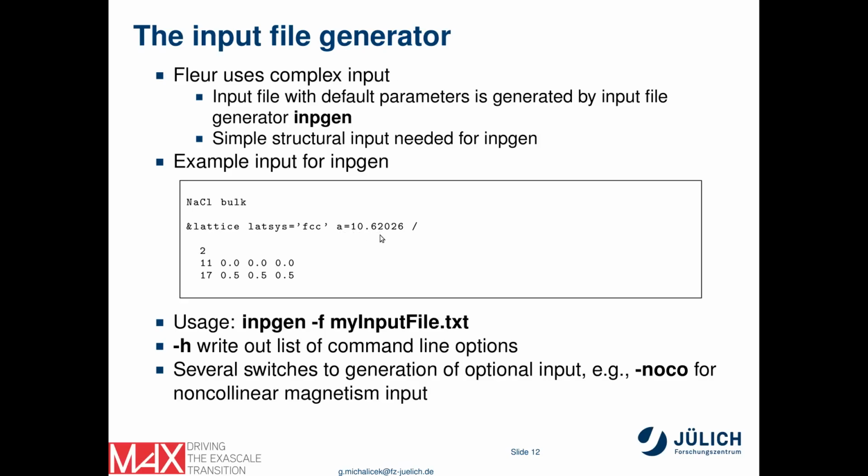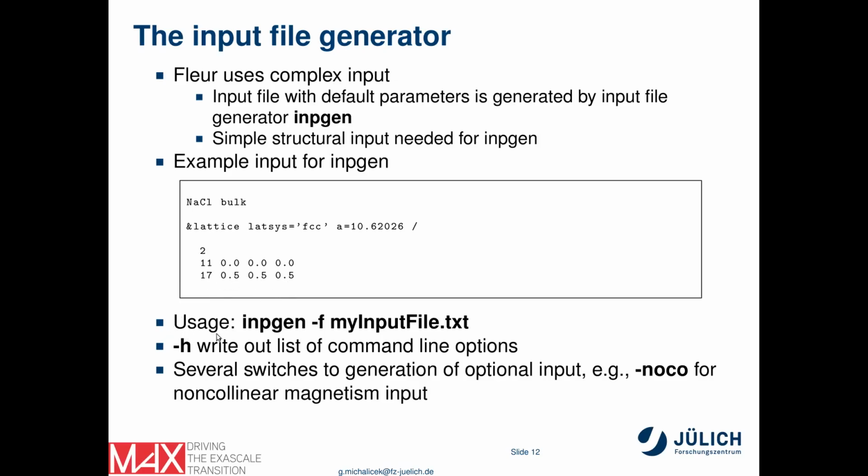This is something that you have to keep in mind: we provide all inputs in Hartree atomic units, so this means lengths are measured in Bohr radii. Then we say that we have two atoms in the unit cell. The first atom is sodium at 0, 0, 0, and the second atom is chlorine at 1/2, 1/2, 1/2.